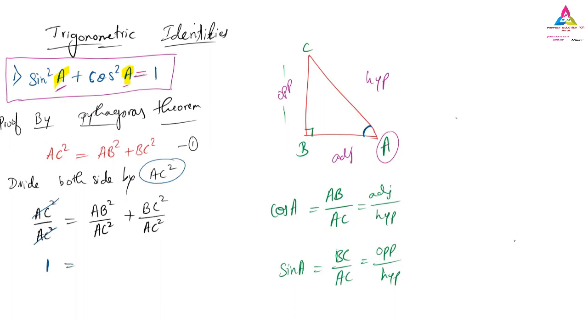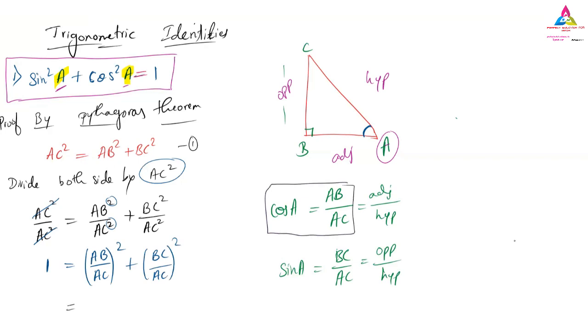On the other side, we have the square on both terms. I will keep the square outside the bracket and write AB by AC, and similarly BC by AC, the whole square. Now what is AB by AC?